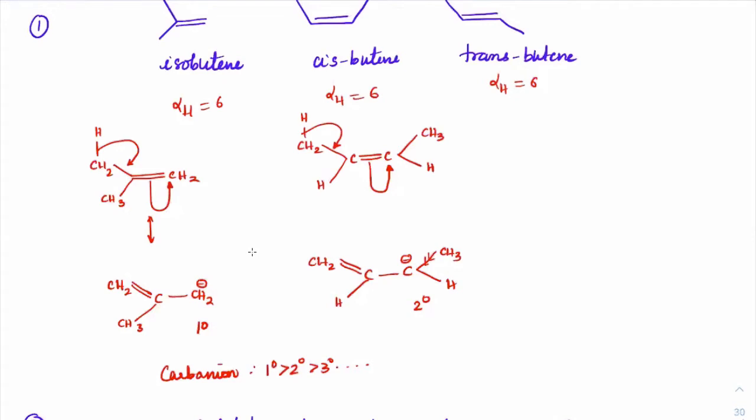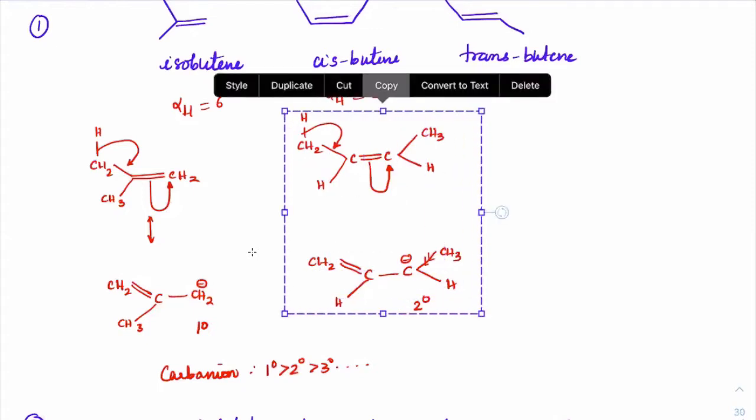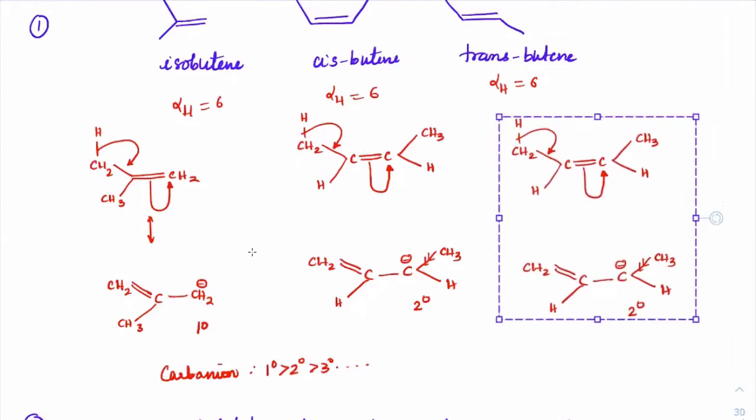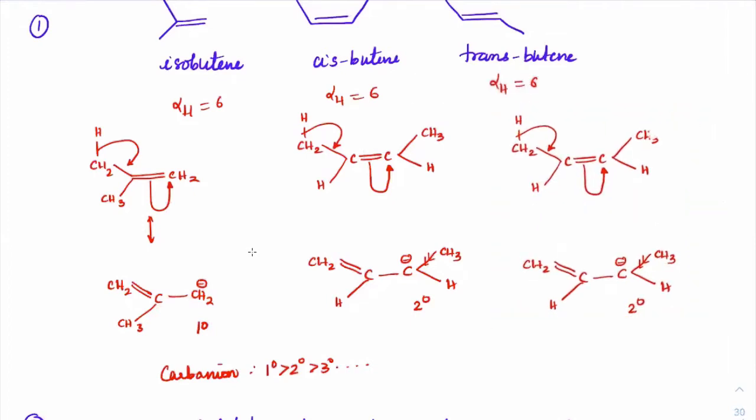So if you compare isobutene with cis-butene or trans-butene, the same thing will happen in trans-butene also. This is exactly the same structure you will see in trans-butene, except that this methyl and hydrogen position is changed. So here we'll have hydrogen and CH3, here we'll have hydrogen and CH3. Here also it is secondary.